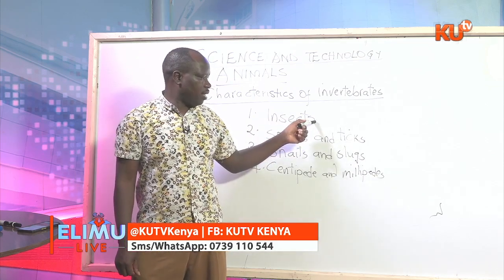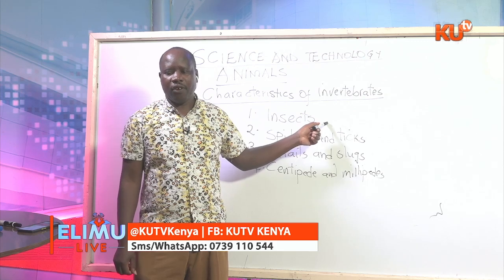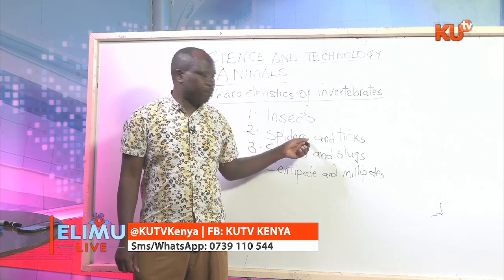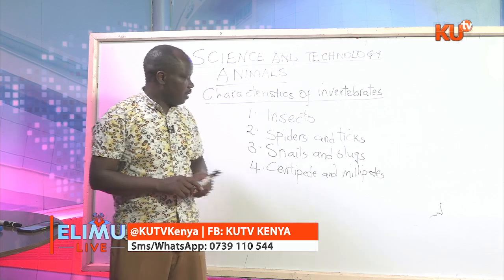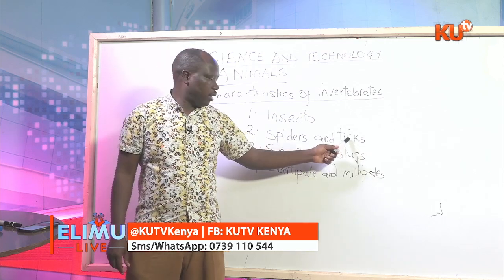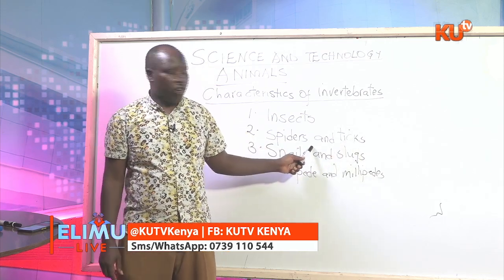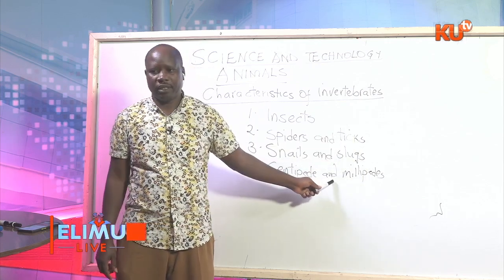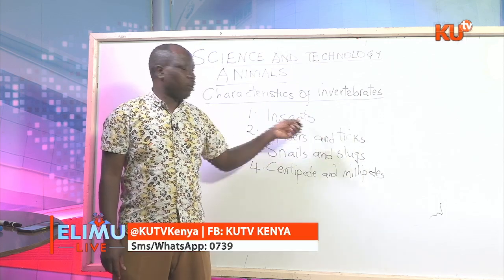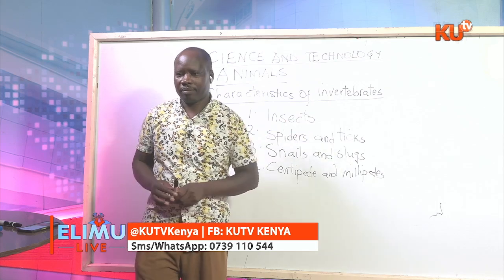And why don't we say a butterfly falls in the group of spiders and ticks? Or why can't we say ticks fall in the group of snails? Or ticks fall in the group of centipedes and millipedes? Or ticks fall in the group of insects?